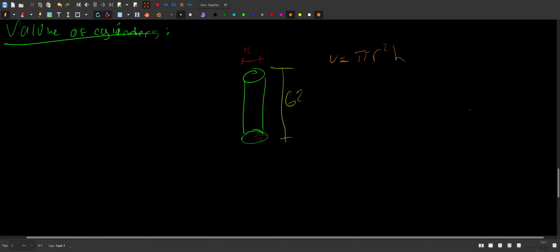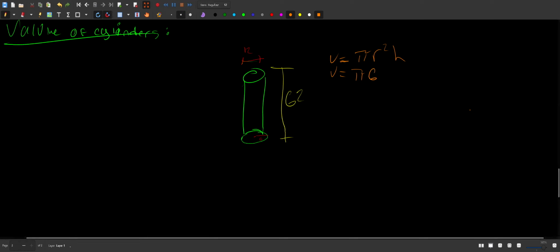Okay, so let's plug it in. Volume is equal to pi times the radius. If they're only going to give you the diameter, just divide it by 2, obviously, and then you'll get the radius. 6 squared, then times the height, so 62.